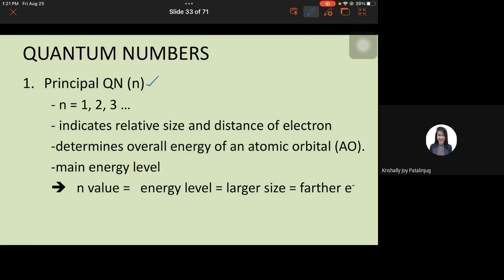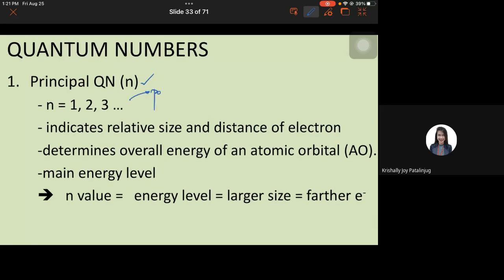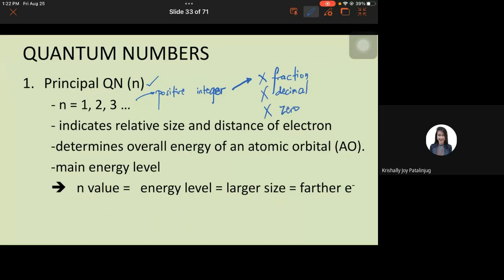When you say positive integer value, zero is not included. Okay, and it should not be in fraction form, not in decimal point, and again I repeat, zero is not included. Okay, so those are the possible values of the first quantum number, the principal quantum number.